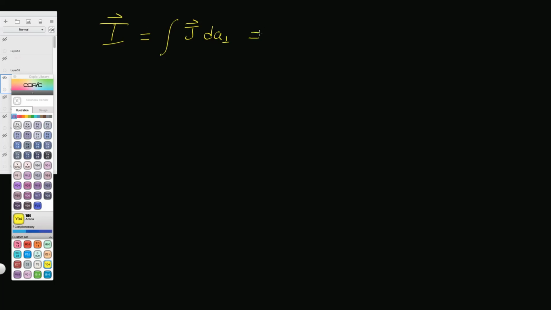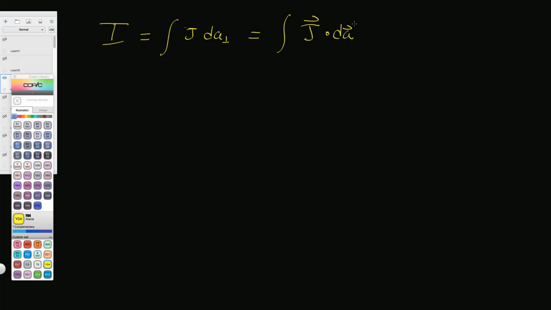But really, oh, let me back that up. I don't need to write vector nature here. I'm going to point something out. But really, the area that's perpendicular to the current density, I could write another way, right? I can write it as J dot dA, because that's going to pick out the perpendicular component of A anyway, right?